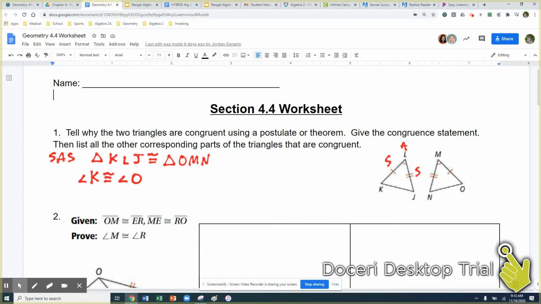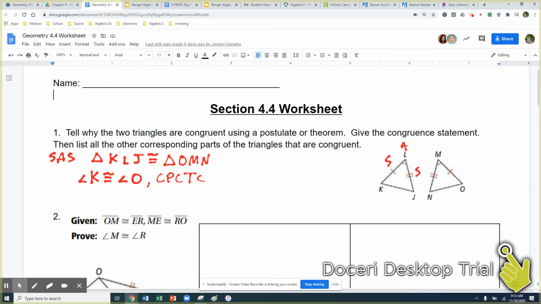And again, I'm using my congruent statement, or looking at the position in the triangle. K and O are going to be congruent. Since the two triangles are congruent, any other parts of the triangle are congruent as well, and my reasoning is just CPCTC. So there's my reasoning of why those two angles are congruent.